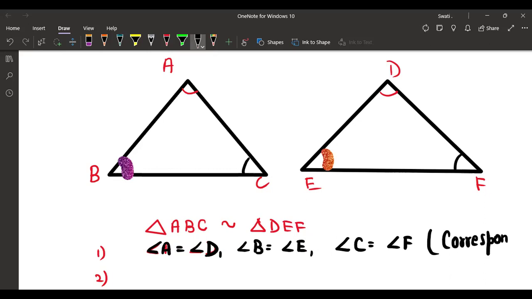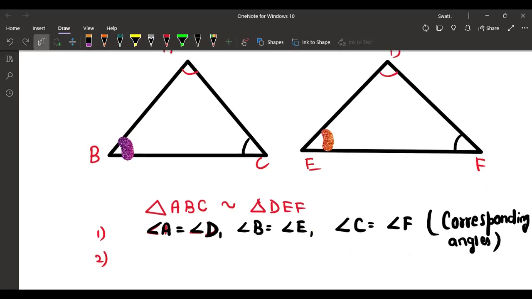If this condition is satisfied, and along with this there is one more condition, then you can say the two triangles are similar. The next condition is proportional. What should be proportional? The ratio of the sides. Do you understand the meaning of the word proportion, Manya?